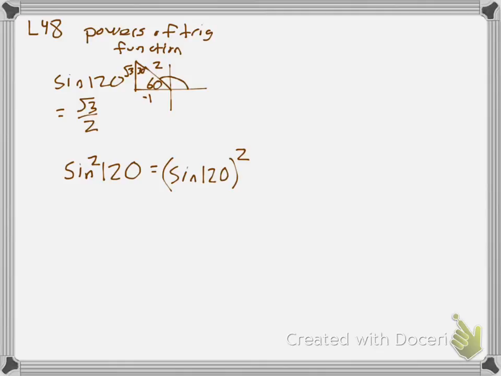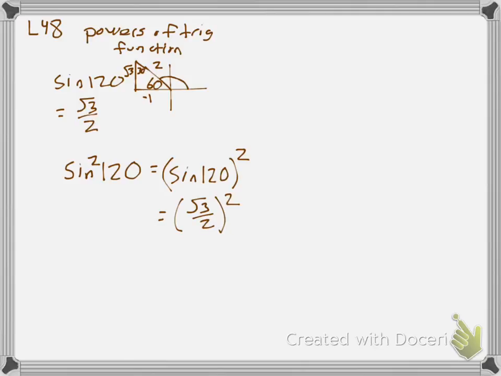It's confusing because sometimes students leave off the parentheses, and then it looks like sine of 120 squared. And that's not what we're going for here. So like Devroy said, all I'm doing is using substitution. I'm taking the sine of 120, which we just did above, and substituting that in. So it's square root of 3 over 2 squared.